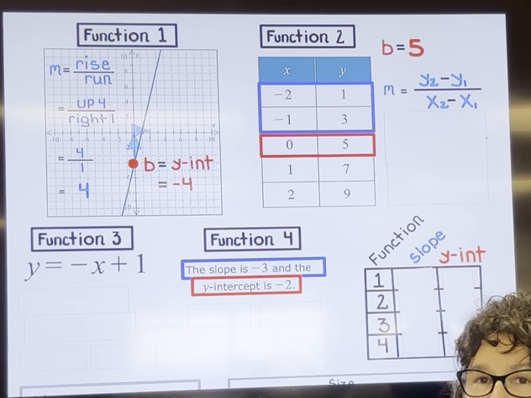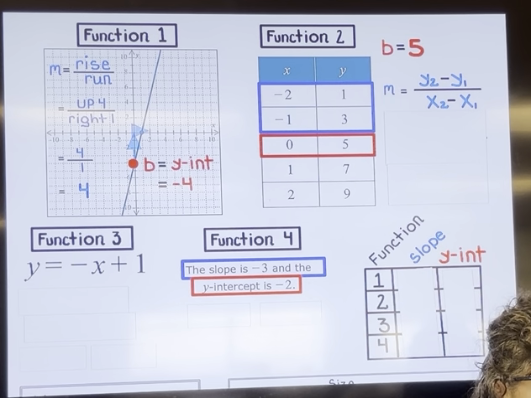Then if I want to find slope and I've got a whole bunch of points, you want to grab any 2 points. It doesn't matter which 2 points that you grab. For no particular reason, I just grabbed these top 2 points, -2, 1 and -1, 3.